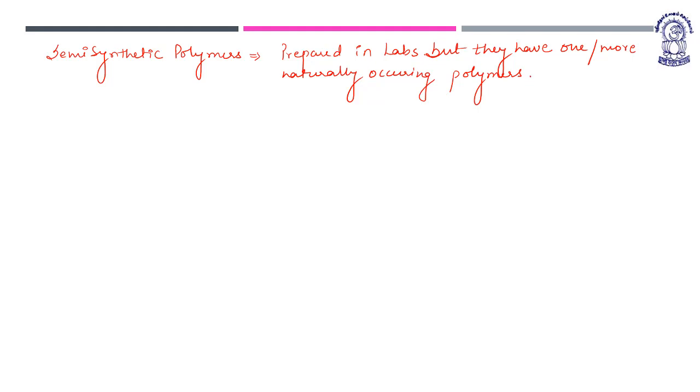So semi-synthetic polymers are produced in labs when they are chemically modified. They are synthetic modification of natural polymers to enhance their applicability.